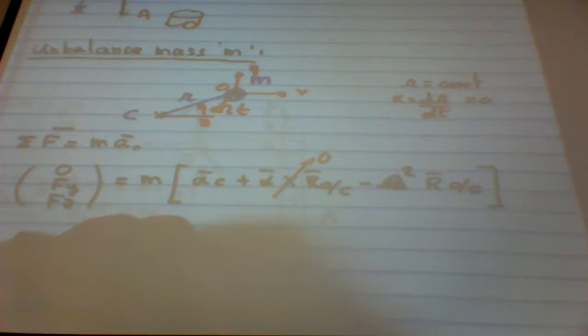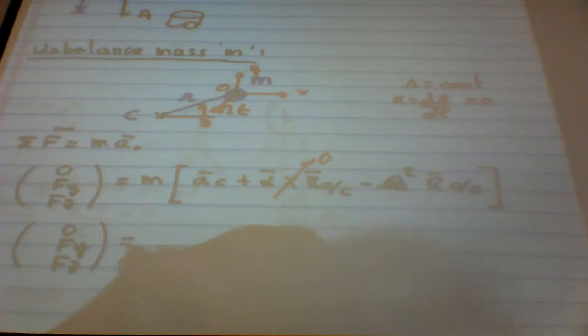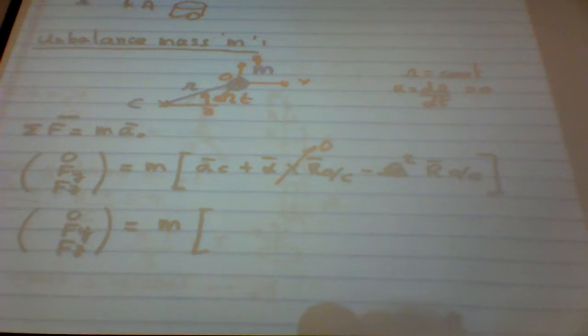Now, here we're going to have 0, Fy, Fz equal to m. What do we know about the acceleration of C? It's going to be in what direction? Is it going to be any acceleration about point C? Is it moving or is it fixed? We can assume it's fixed, correct.